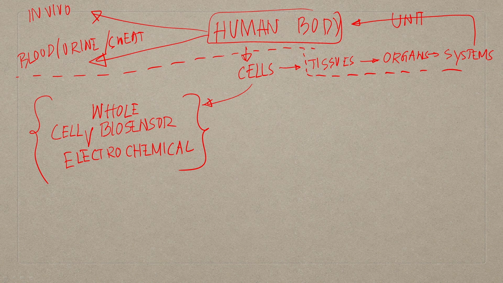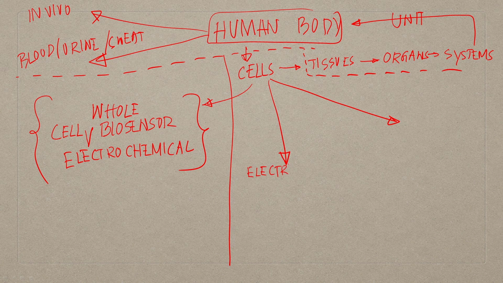Now, in order to understand the concept, you have to divide the cells of your body into two different categories. One category is electrically active, the other is electrically inactive.